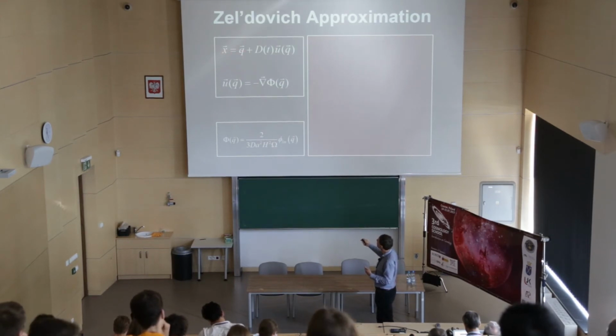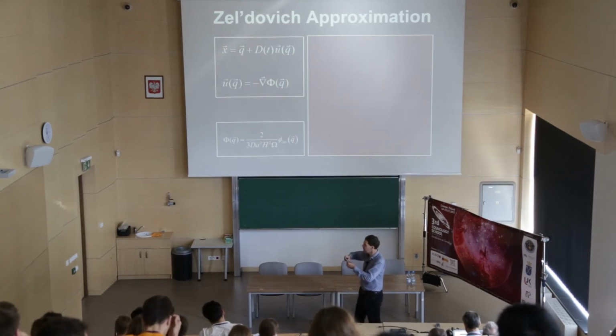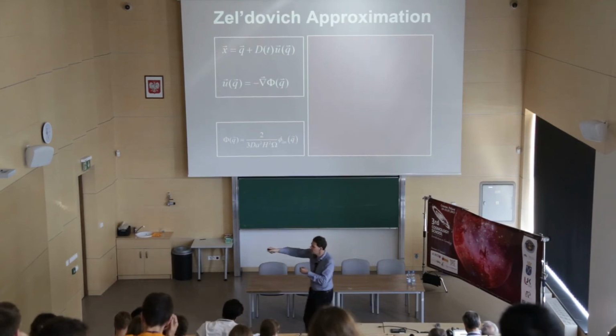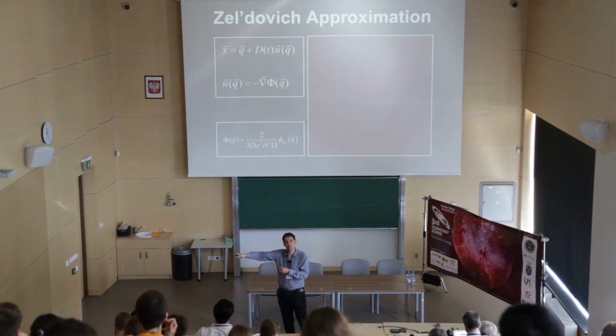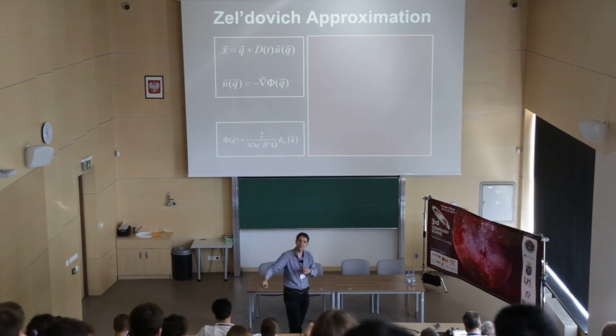This is the original position, and the mass element moves from its original position through the universe to a place q. And the question is, what is the displacement s as a function of t?